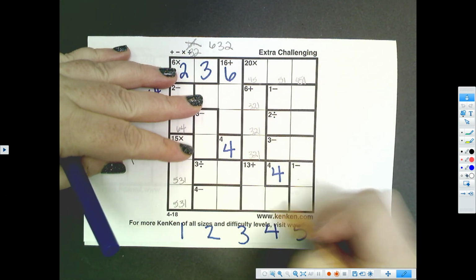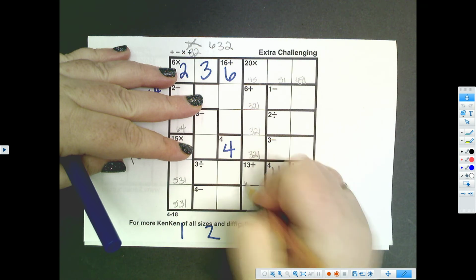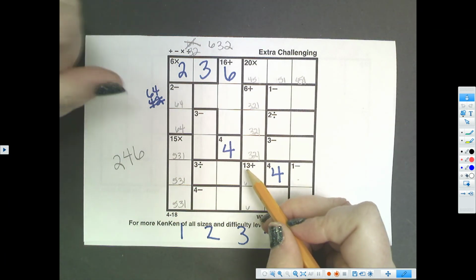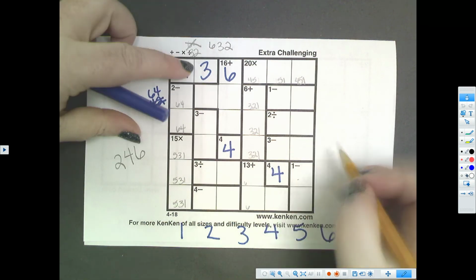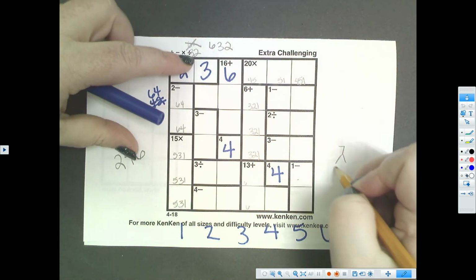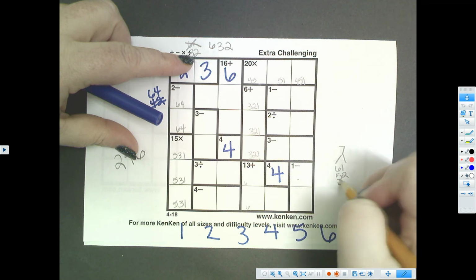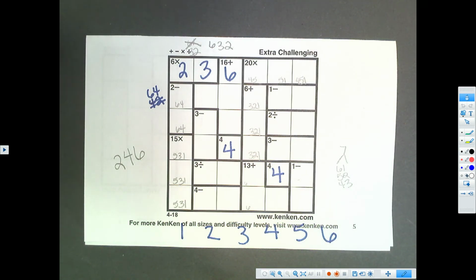I have to put a 6 somewhere in this box on one of those two. If I put a 6 there, that takes 6 away from 13, which is 7. So I have 7 left. That would be 6 plus 1, 5 plus 2, or 4 plus 3.